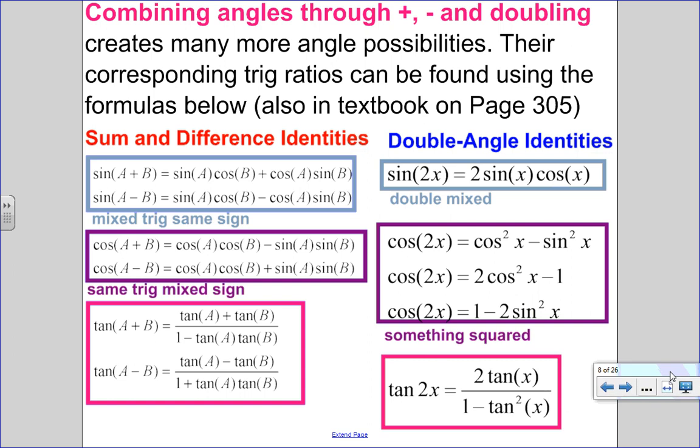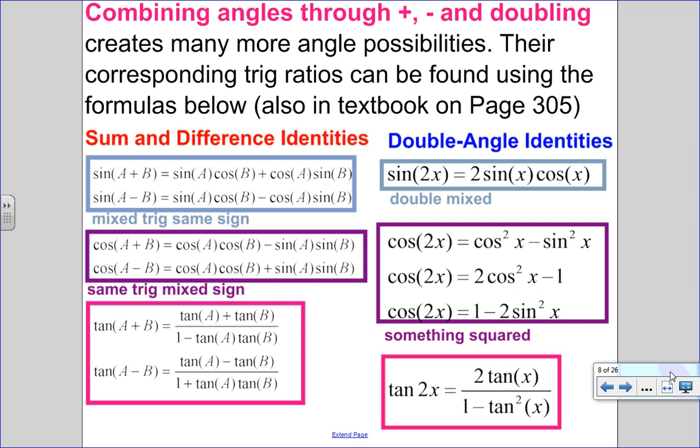So this is the bulk of your formula sheet for 30-1. Lots and lots of different formulas. We have sum and difference identities. We have double angle identities as well. So you do have the formula sheet. I just always like to look at a little trick so that I don't always have to rely on my formula sheet.